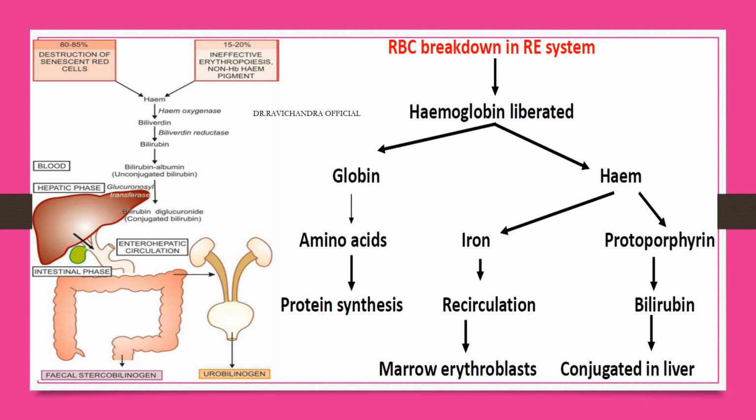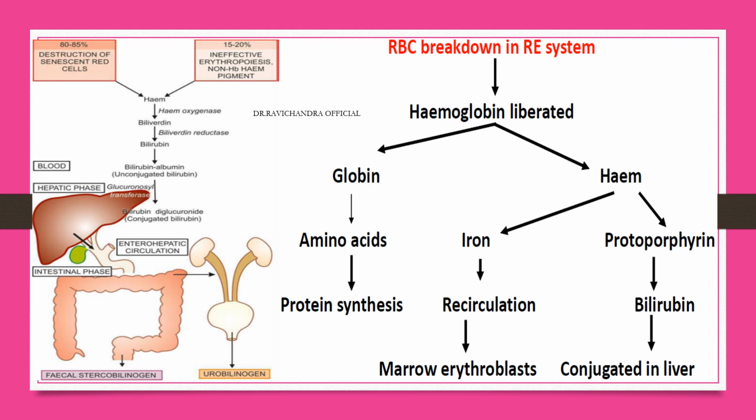The globin is converted into amino acids and they are used for protein synthesis. And the heme is converted into iron and protoporphyrin. Iron will be recirculated into the marrow and is useful for the formation of new RBCs with the help of marrow erythroblasts.